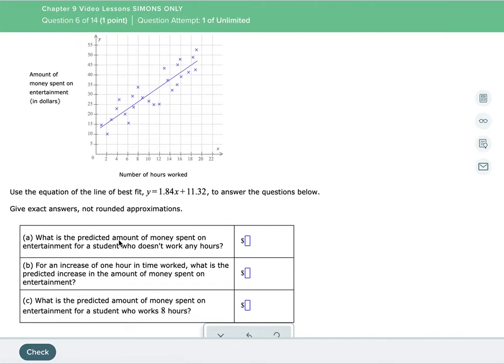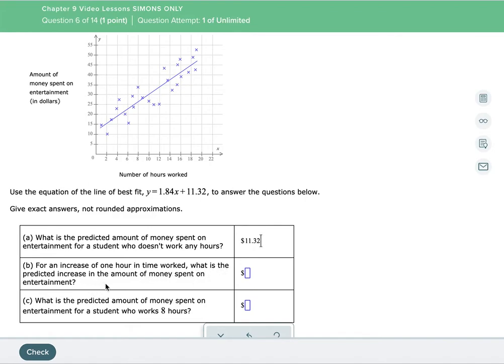So the projected amount of money spent on entertainment for a student who doesn't work any hours is going to be your y-intercept. So it's going to be 11.32 because that's where it crosses the y-axis. And the y-axis represents the amount of money spent on entertainment. All right, so 11.32.